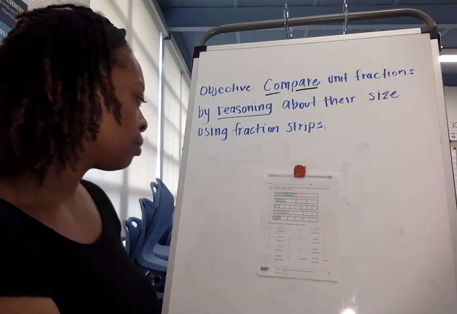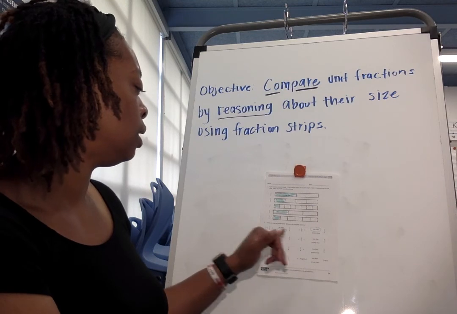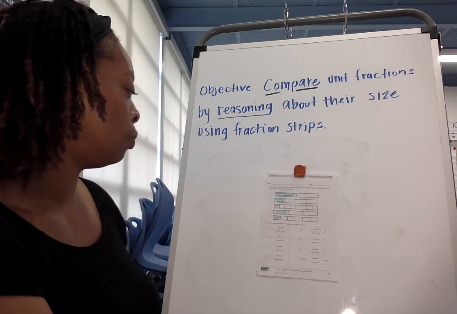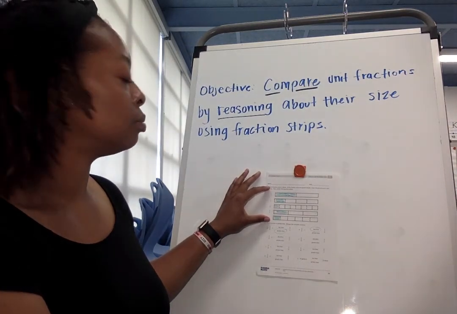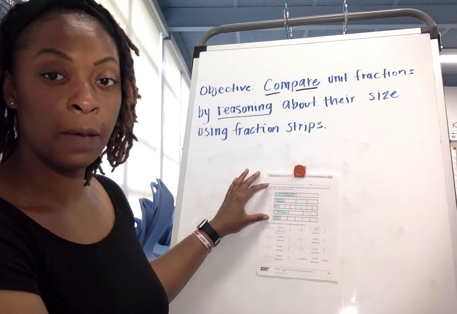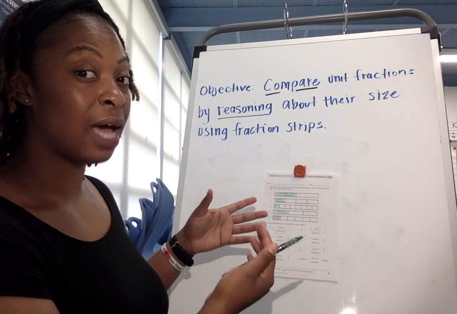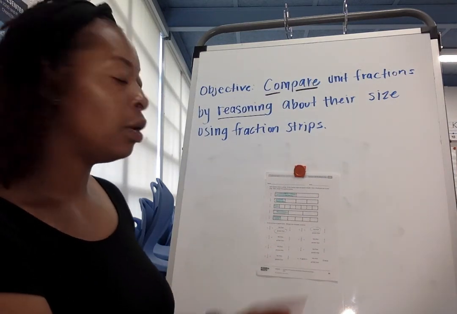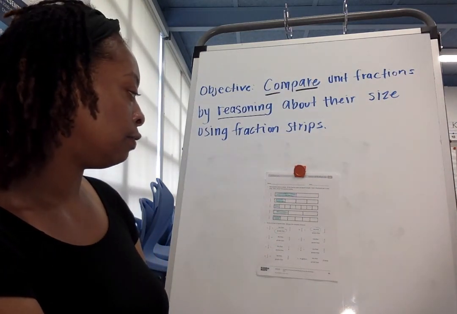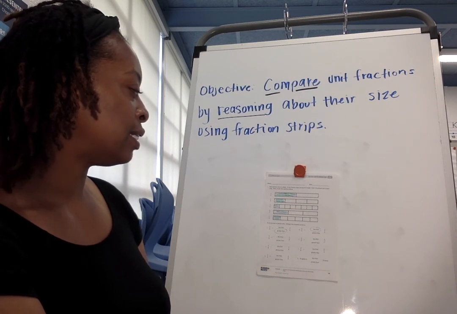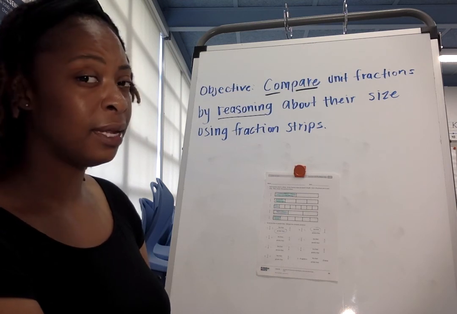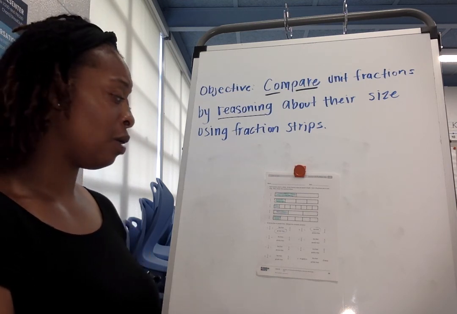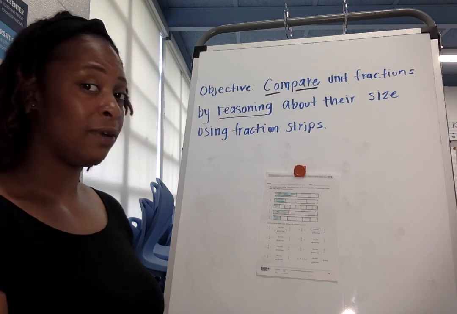All right. Next, now you're going to complete C, D, E, F, and G on your own. You can definitely use the fraction strips that we completed here in number 1 to help you understand the difference in size. Okay. I want us to look at H. H is a little bit different. It says 9/8 is less than or greater than 2 halves. Now that one is a little bit tricky because we don't have a picture of 9/8.